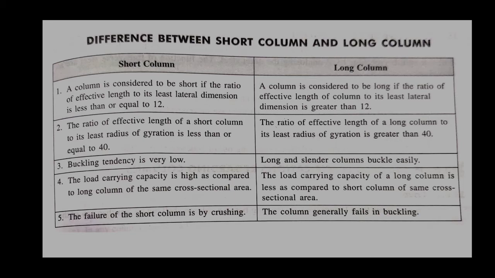In case of short column, buckling tendency is very low, and long and slender columns buckle easily. Now, number 4, for short column, the load carrying capacity is high as compared to long column of the same cross sectional area, and the load carrying capacity of a long column is less as compared to short column of same cross sectional area.